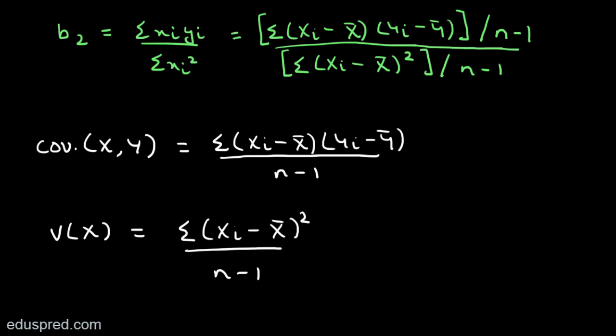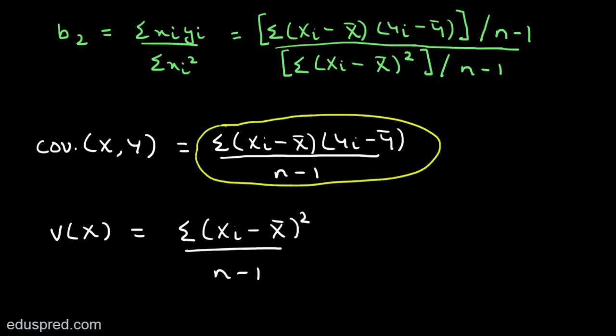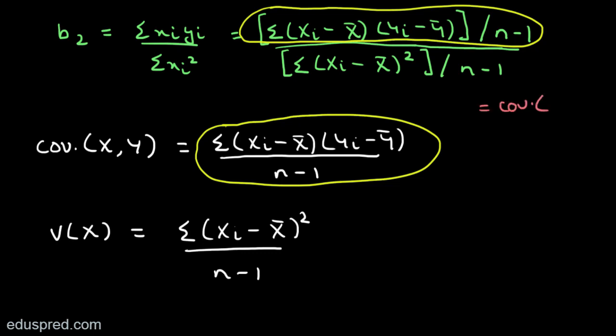Now, I can write the numerator as the covariance between x and y, because this is the formula that we have to calculate the covariance between x and y. And we have the same thing here in the numerator. That means instead of this numerator, I can write that this is equal to covariance between x and y. COV is the short form that I'm using for covariance.